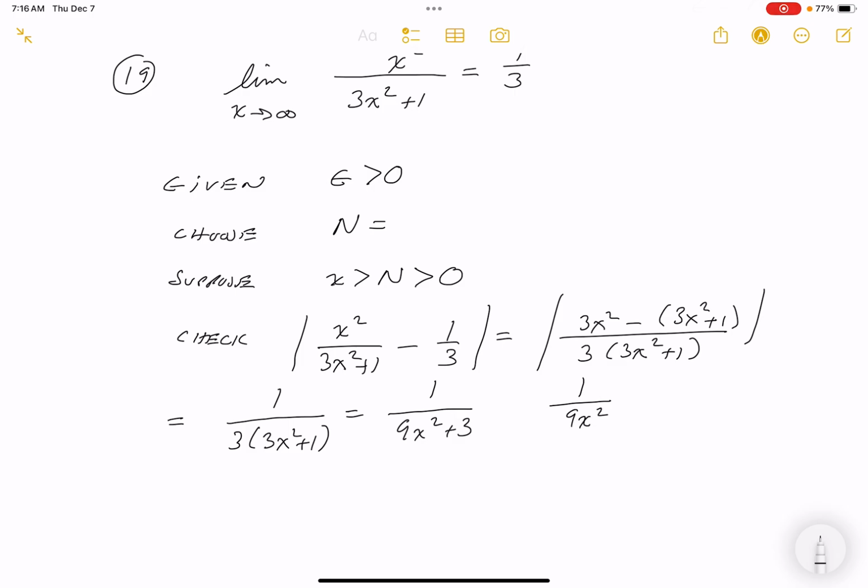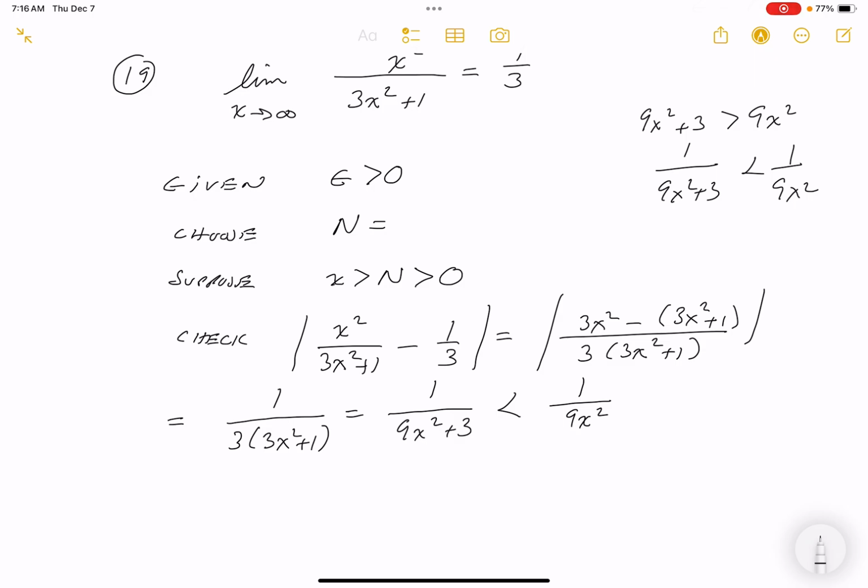Now I hope you realize that 9x squared plus 3, a positive number, is certainly going to be greater than 9x squared. And if you took the reciprocals, 1 over 9x squared plus 3 would be less than 1 over 9x squared. All right, so I'm going to say this is pretty reasonable. Let's move on to the next thing.